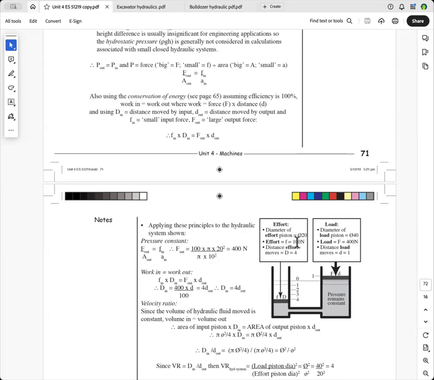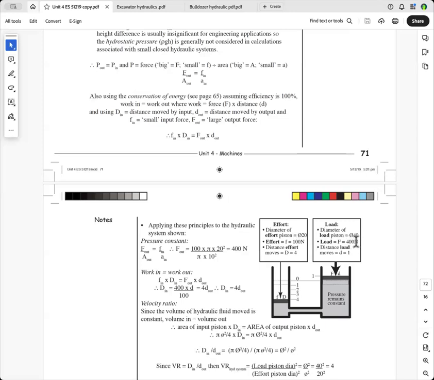Newton force in there. But the problem is, if you apply work in equals work out, this formula here, you'll get the distance in will equal 4 times the distance out. And so you only apply 1/4 of the force, and you'll get 400 newtons.